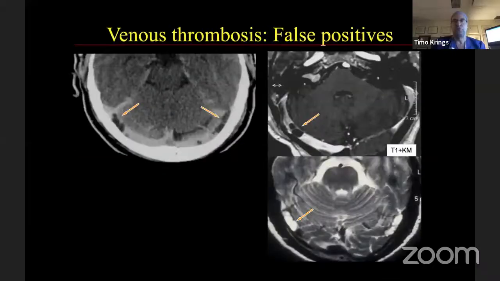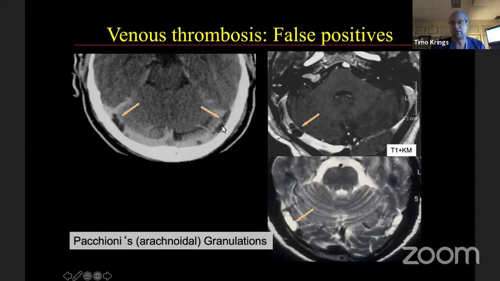That you'll have to look for are on contrast enhanced scans. If you see within the transverse sinus a well demarcated, relatively rounded area of non-enhancement, this is typical for Pacchionian granulations or arachnoidal granulations.